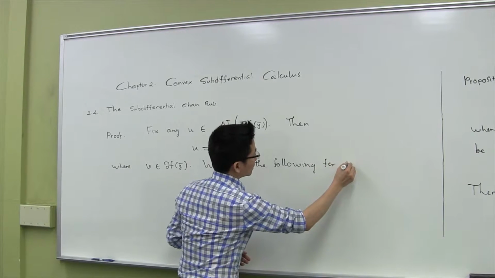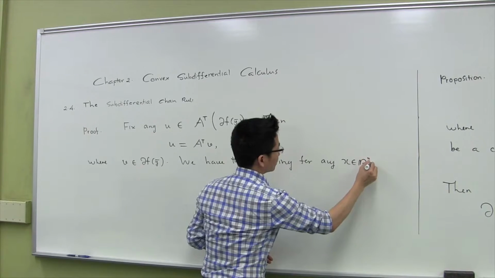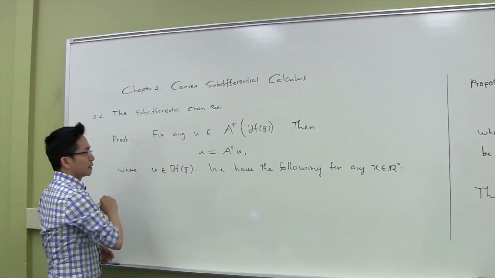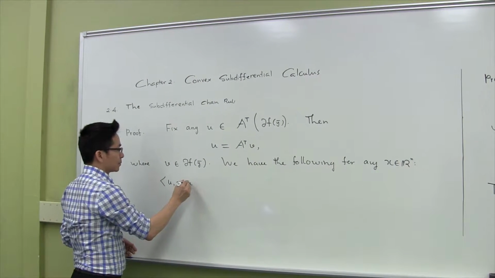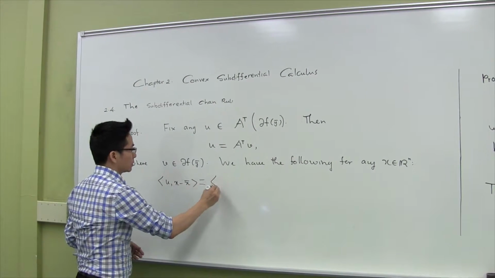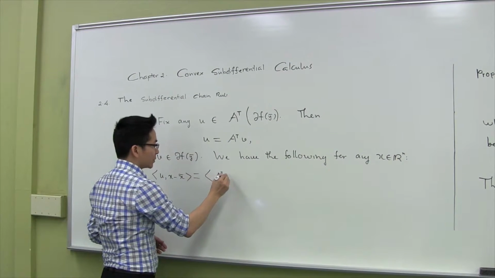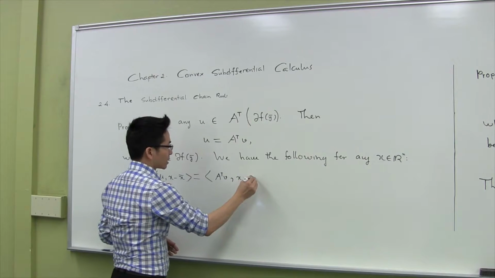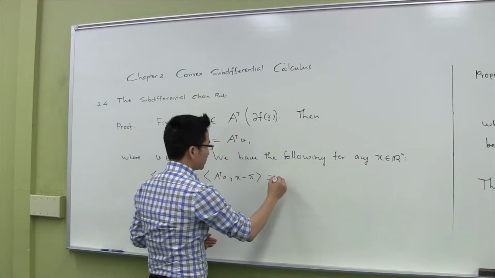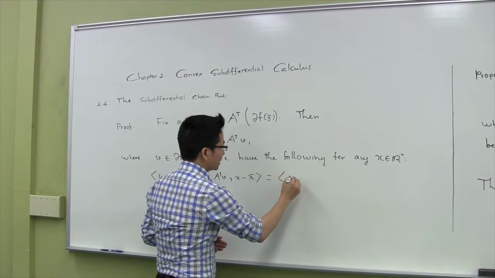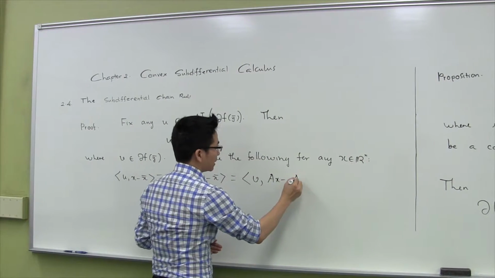For any x in Rn, the inner product of u and x minus x bar is equal to the inner product of the transpose of A times v, x minus x bar. Okay, this is equal to the inner product of v and Ax minus Ax bar.